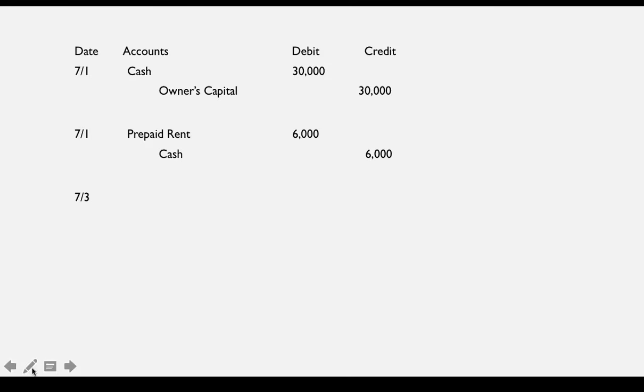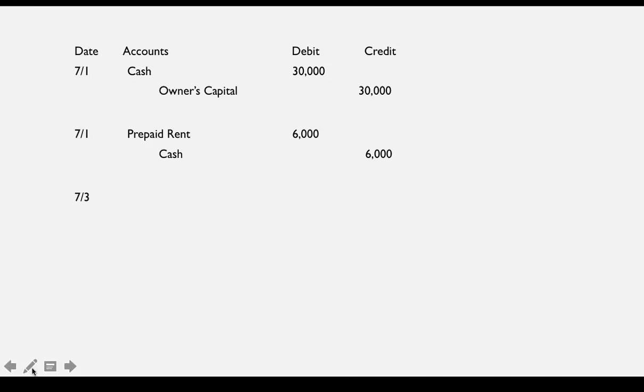Now on July 3rd, the company purchased $15,000 of equipment, paying $5,000 in cash right now, and the remainder will be on account. So this is going to be what's called a compound entry. There's 3 different accounts that are being affected here.